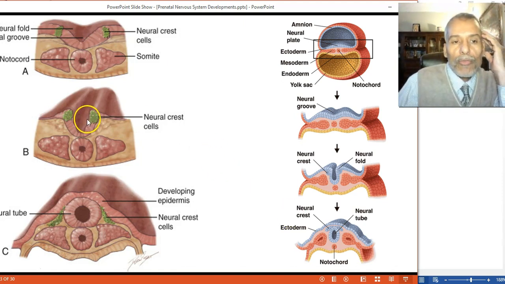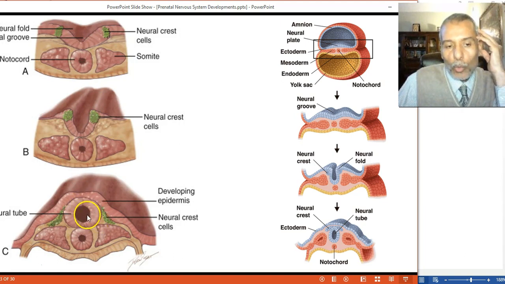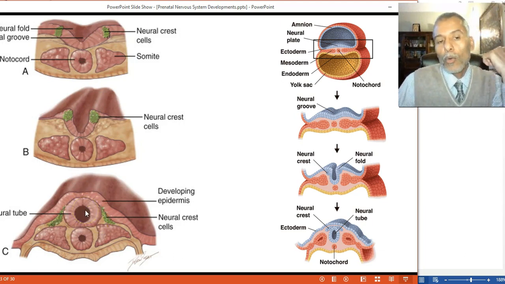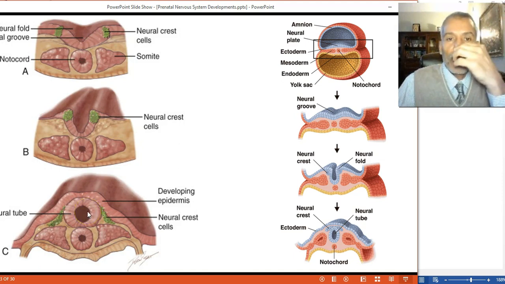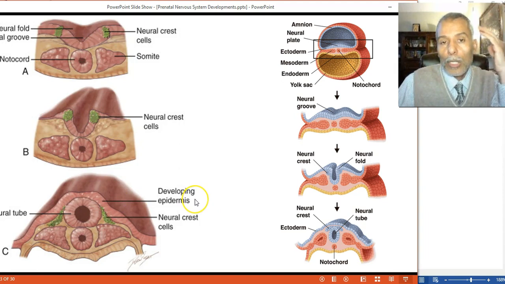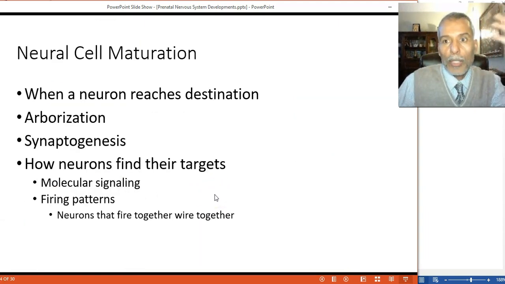So the neural groove, when it fuses, forms a cylindrical tube that goes from front to back, and that is the neural tube, inside of which cells are born and out of which cells migrate, neural cells. You can see in the video animations that will show you clearly how that forms.